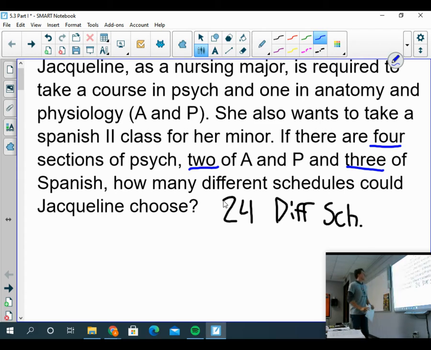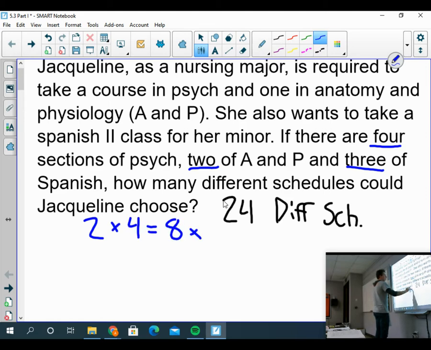There are 4 sections of psych, 2 of anatomy and physiology, and 3 of Spanish. You've learned the multiplication rule in the past when it comes to probability. If I want to know all my different options, multiply all 3 of those together. 2 times 4 gives me 8. And if I multiply that by 3, I get 24.